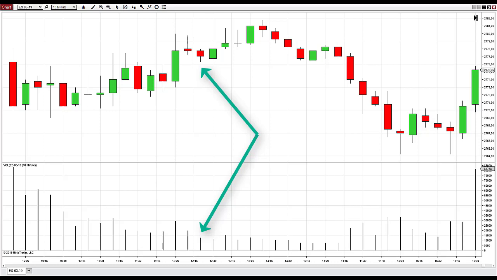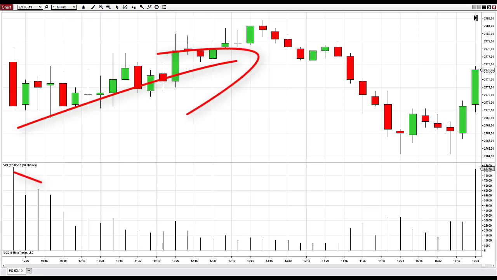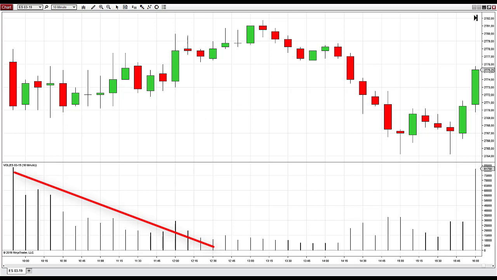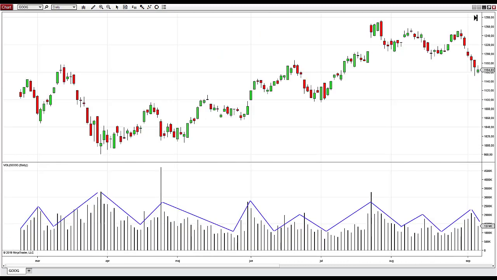There are two main ways you can gauge the volume on up waves. Either the volume increases on the up waves or it decreases. If the volume increases on the up move, then you can be fairly sure that there's good demand. When you have a series of up moves or up waves, if the volume increases on the up moves compared to the pullbacks, then you can be fairly sure that the series of up moves will continue.